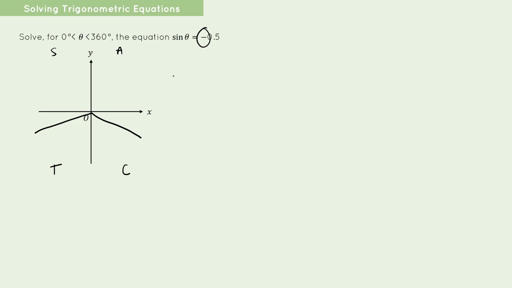So what we can do is first consider the basic angle. We let sine alpha be 0.5. Take note, this is not negative 0.5. We'll always take the positive value of whatever you're trying to find. So this will be 30 degrees. This is a special angle. So we know that this is 30 degrees.